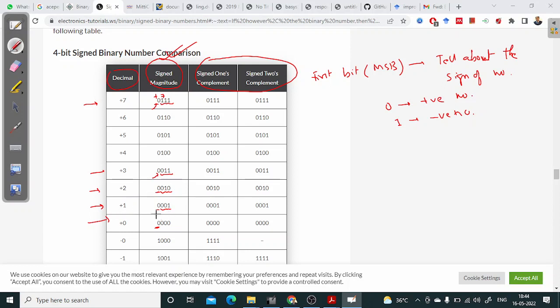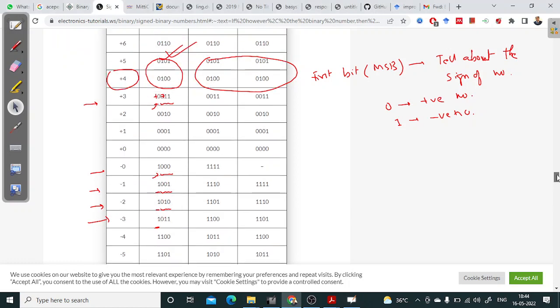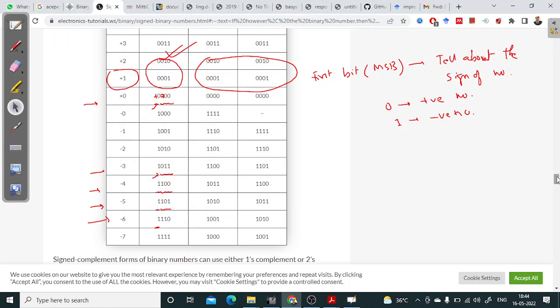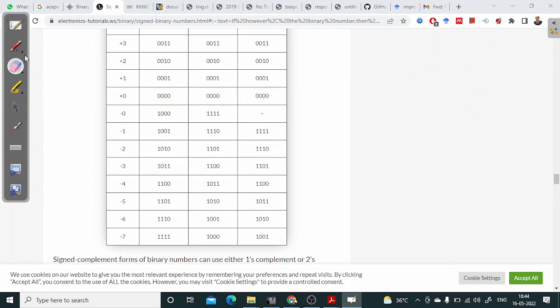Now we can go and see negative numbers in sign magnitude. Look at here, -1.